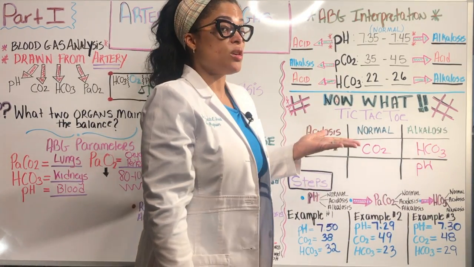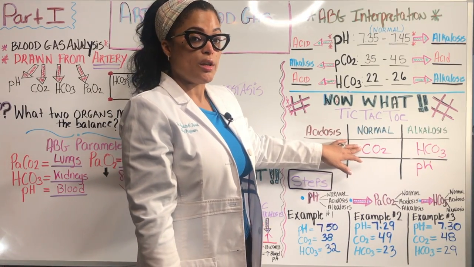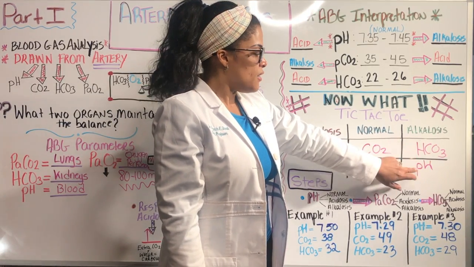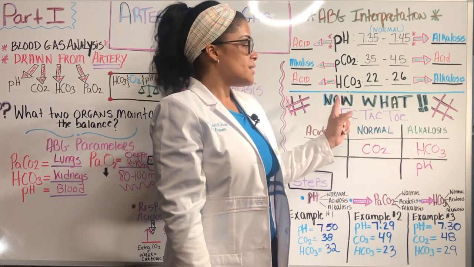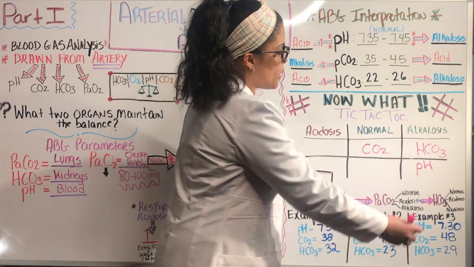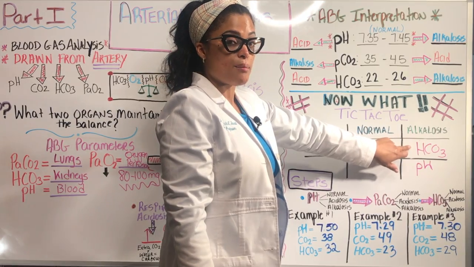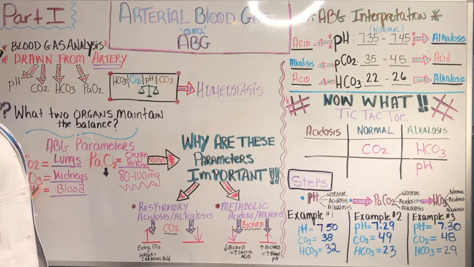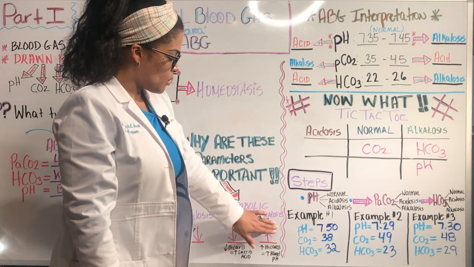And now we have a complete table. We have the CO2 in the normal range, the bicarb in alkalosis, and the pH in alkalosis. And remember what I said: tic-tac-toe, 3 in a row. Here we have 3 in a row, making this a metabolic problem, because the parameter for the metabolic system is your bicarb in your kidneys, and you can be either acidotic or alkaline.